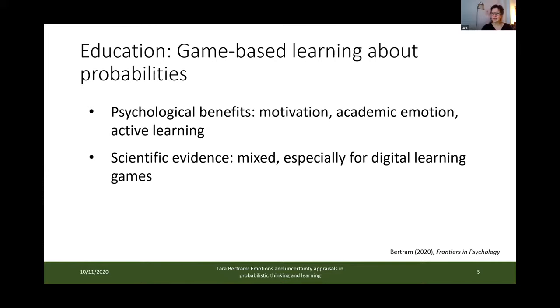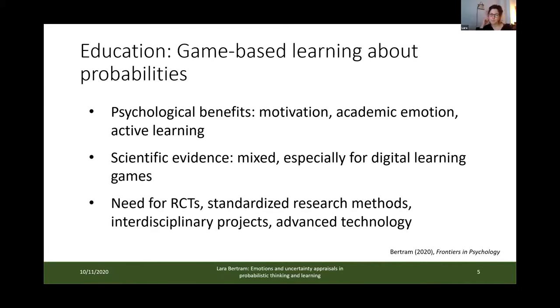Some studies look at psychological factors, others just look at performance. So that might be a reason for the large variance in results we find in this literature. And in a recent paper, I highlighted the need for randomized controlled trials with randomization on a subject level, not just one class doing this and the other doing that, but actually randomizing the condition assignment of students within classes.